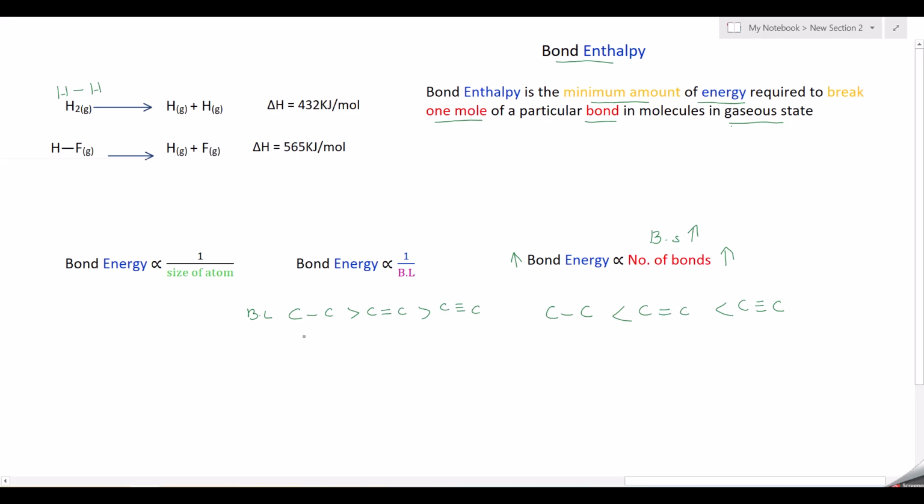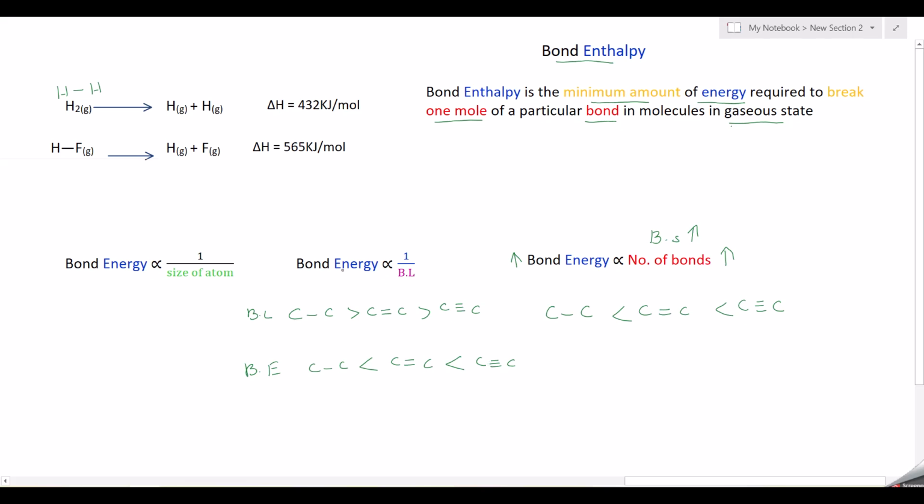So based on the bond strength, bond energy will be as follows. Carbon single bond carbon will have less energy compared to carbon double bond carbon, which has less energy compared to carbon triple bond carbon, because this bond is very strong. So it is very difficult to break the bond. Therefore, it is also very short. The bond is very short. So the bond energy will be more.